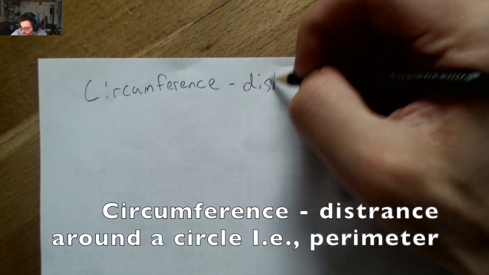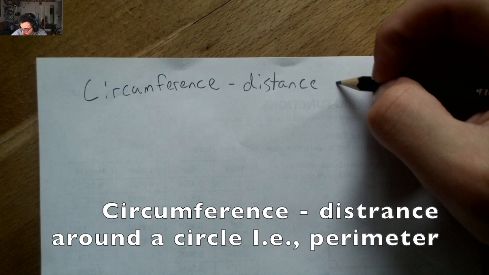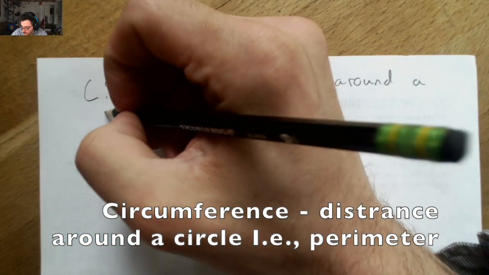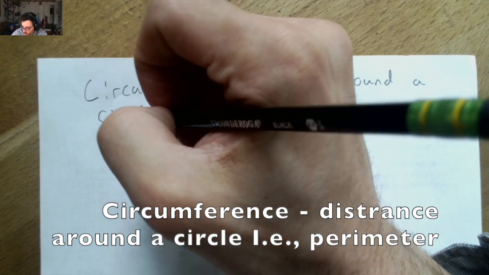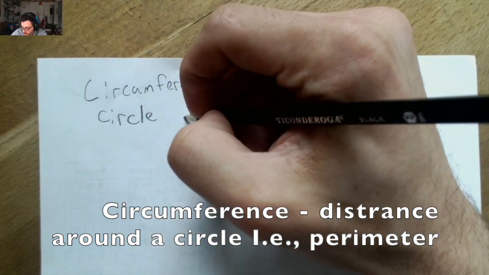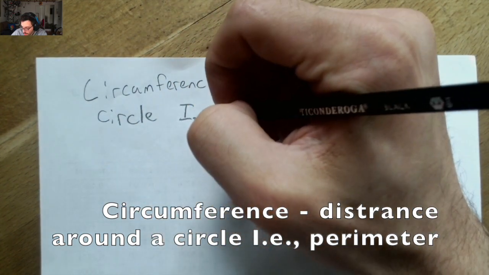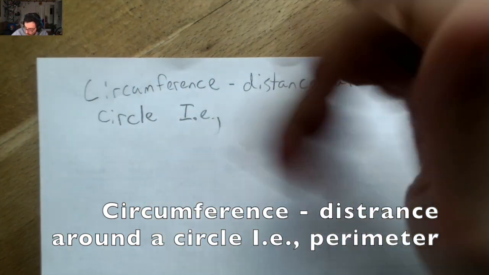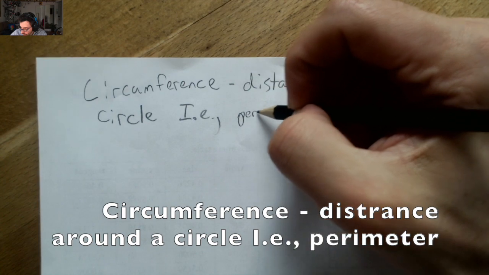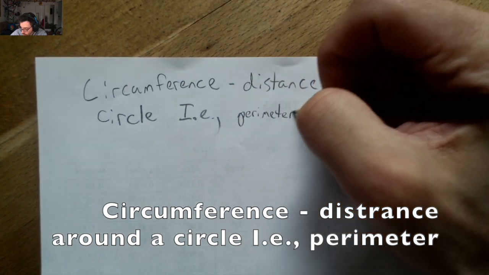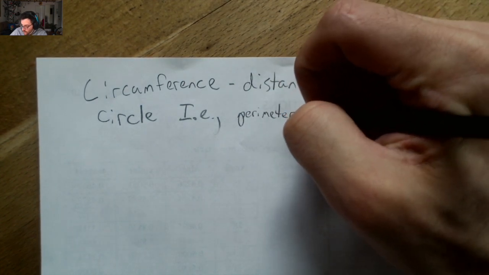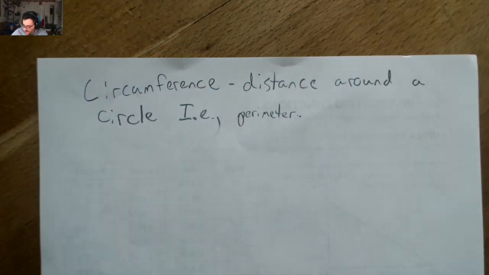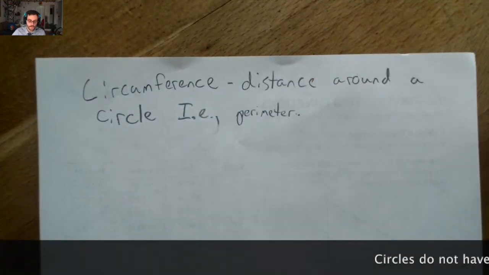You can say as our definition, the distance around a circle, i.e. perimeter. Perimeter we typically don't use with the word circle, we just stick to the word circumference, but as an example we can say perimeter.